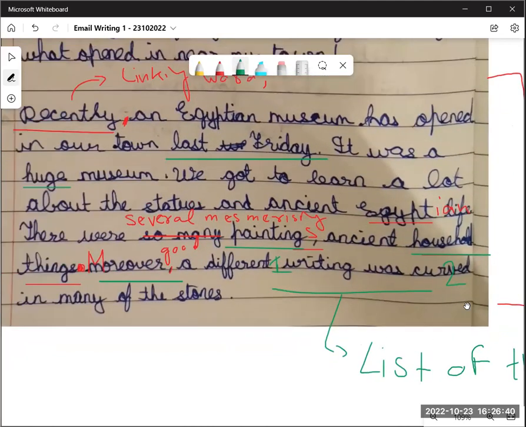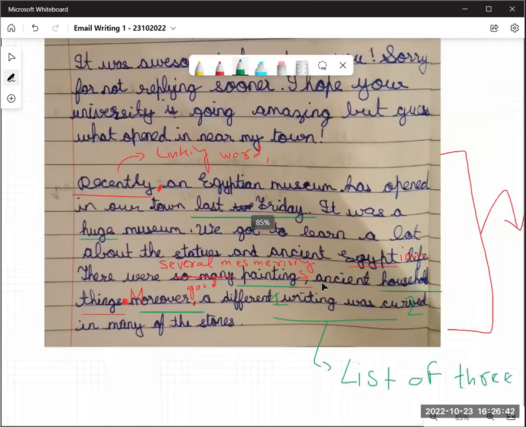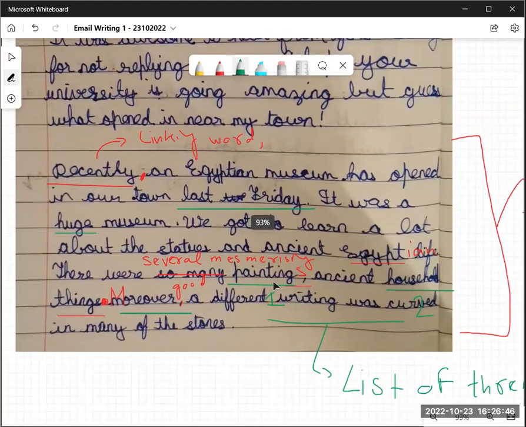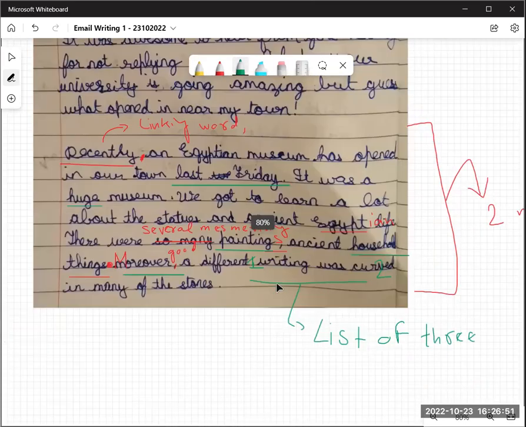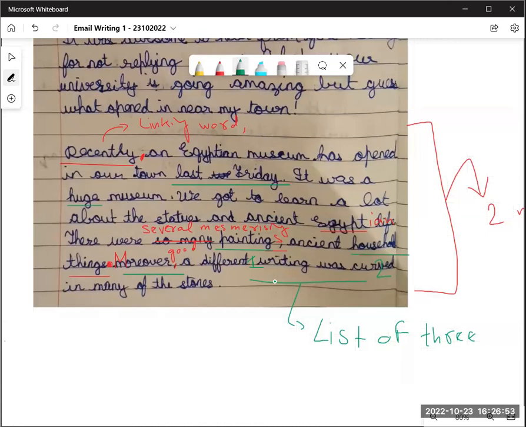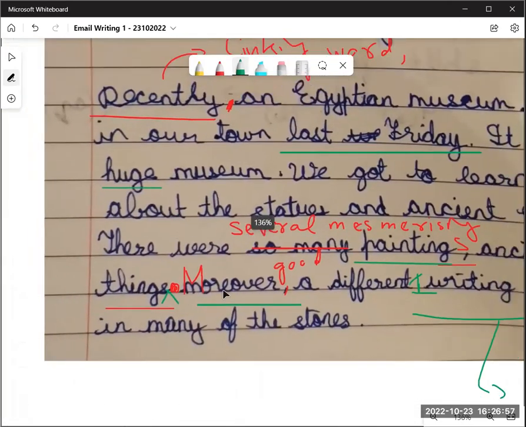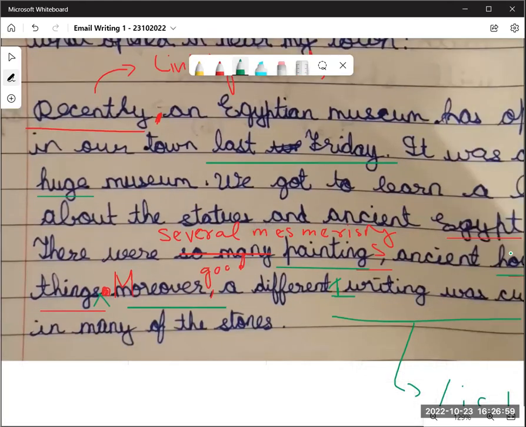So what we can do instead here is, Lula, can you see this? Yes, I can. Now in paintings, household items, fine. Next thing is, don't give 2 examples, always give 3 and end with an and. So several mesmerizing paintings, ancient household things, instead of things we'll say items.